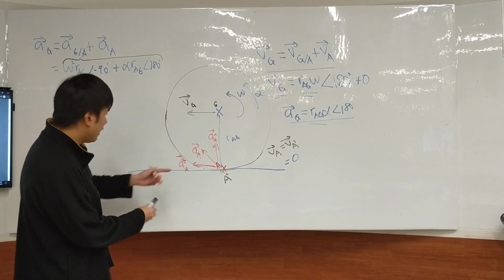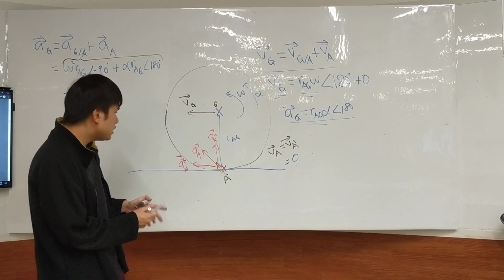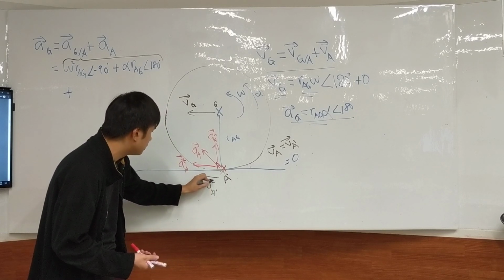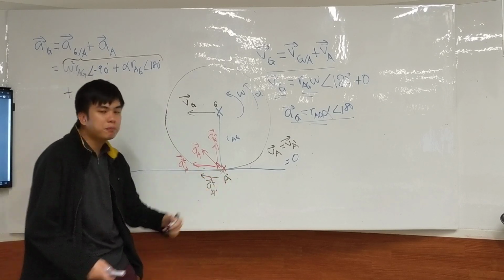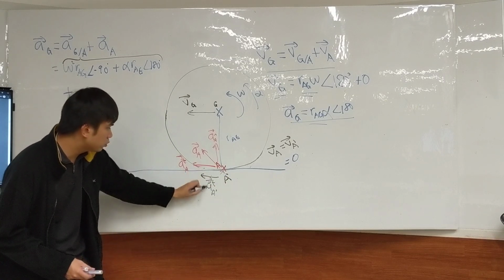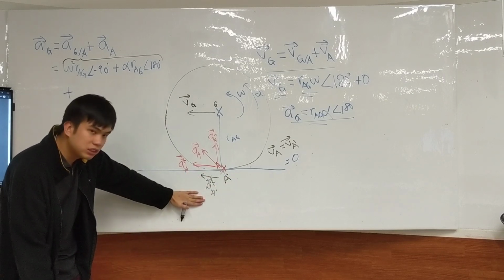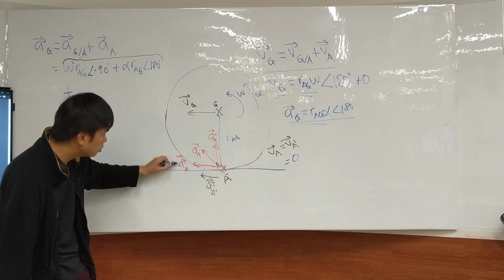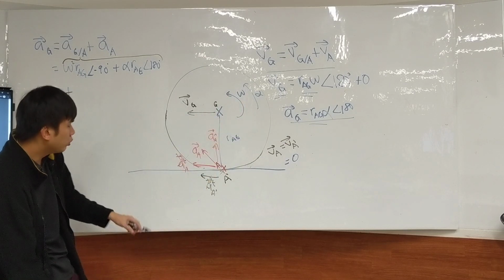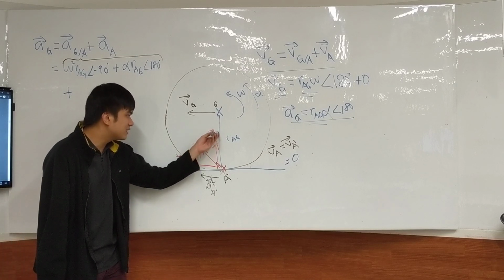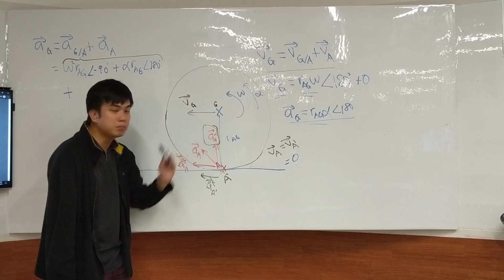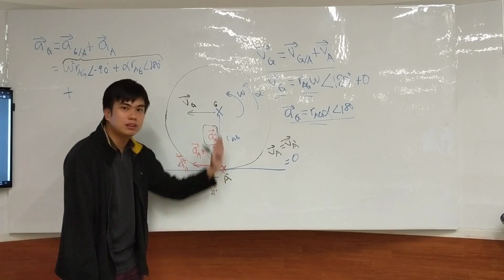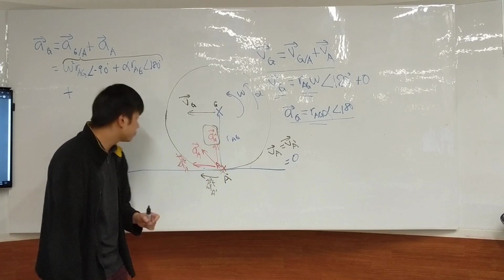That means AAT must be equal to AA prime T. But apparently, A prime is not moving, so this will be 0. If this is 0, according to the rolling without slipping condition, AAT must also be 0. So in other words, only this has a certain value, which means the acceleration of A can only be pointing upwards. That's the one thing we know.